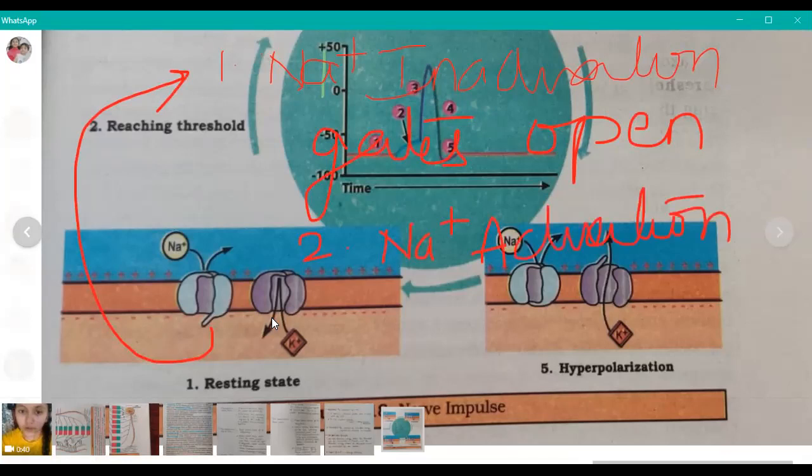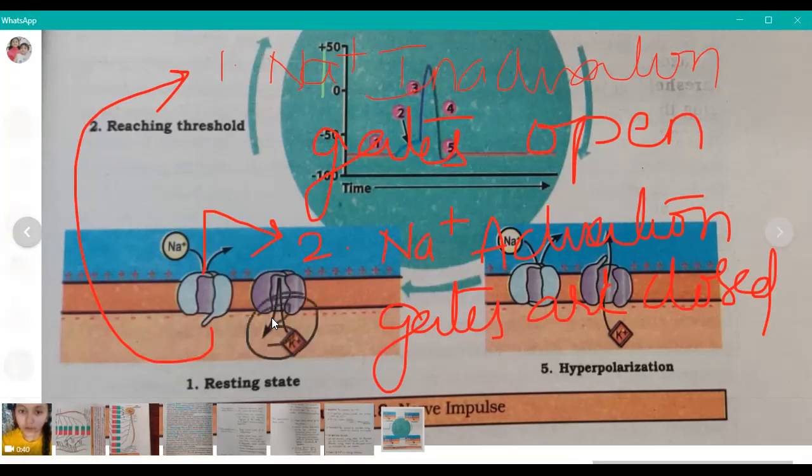Sodium activation gates are closed. That means this one. Okay, so beside, you see one more, isn't it? There is one more. Who is that? Potassium gates. This one, number 3.